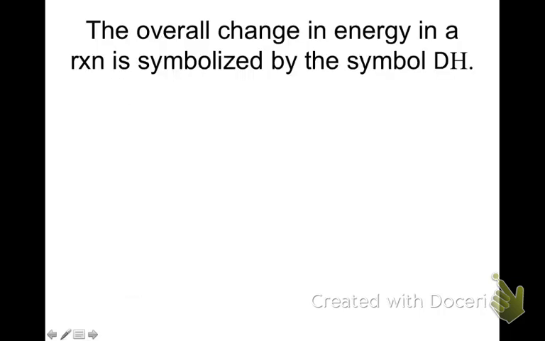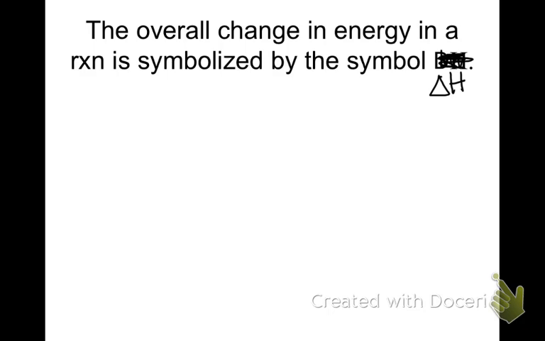The overall change in energy in a reaction is symbolized by the symbol DH. Now this is funny because when I put this into my PowerPoint, the formatting got messed up, so this isn't even really the symbol for this. The overall change in energy in a reaction is symbolized by the symbol delta H. So delta H shows the overall change in energy.